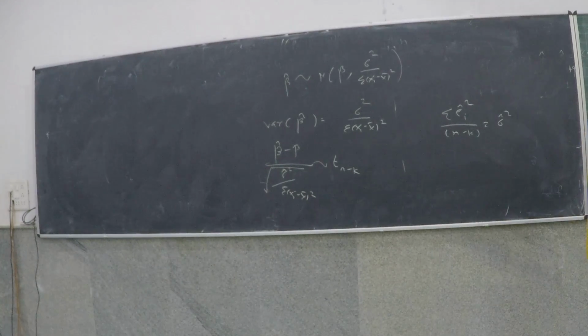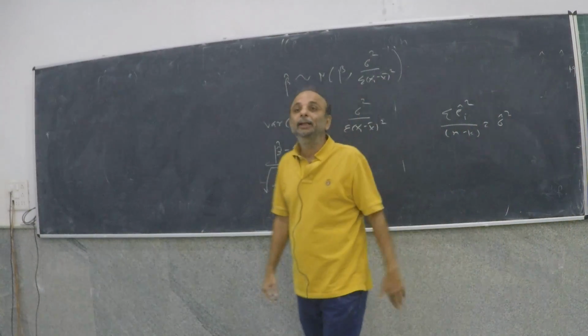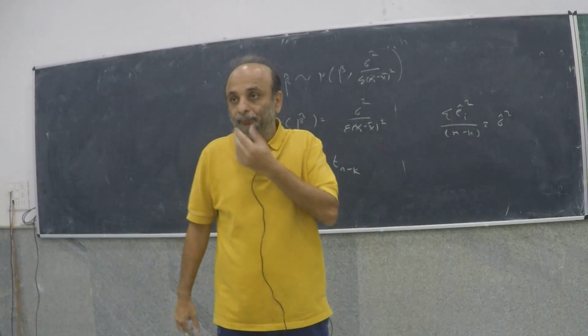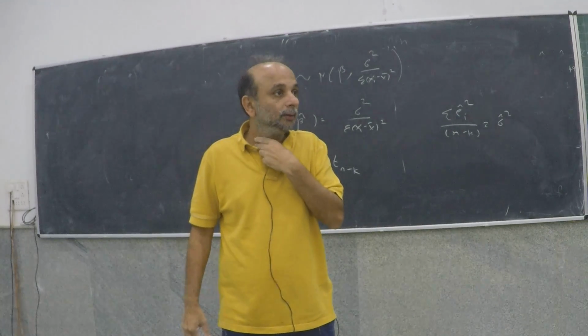So the standard normal becomes a student's t with the appropriate degrees of freedom. Right?